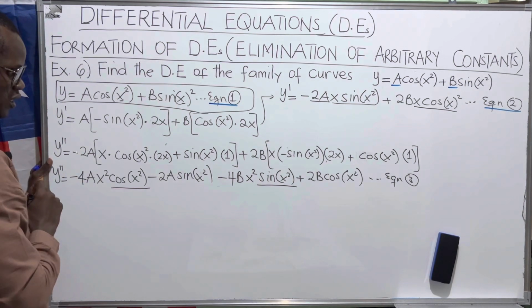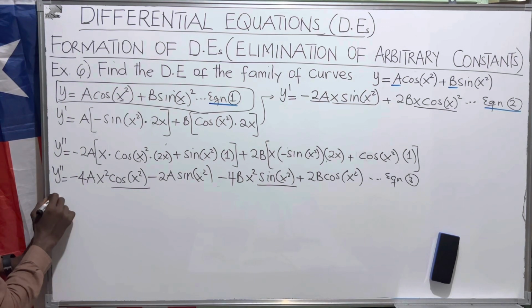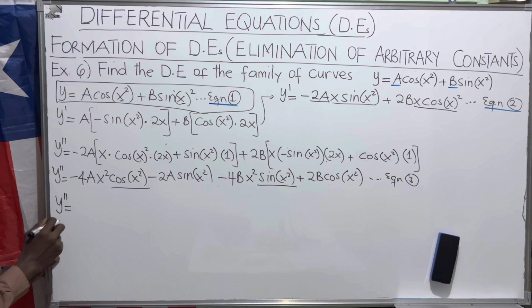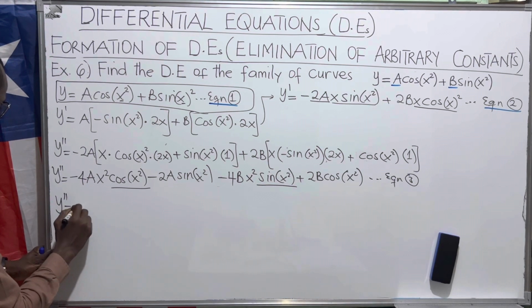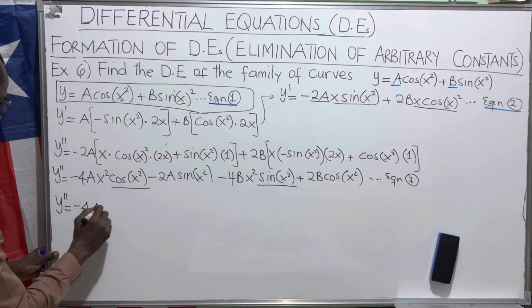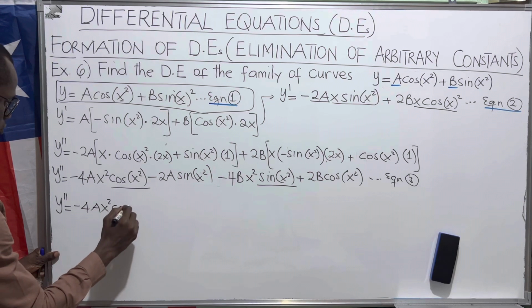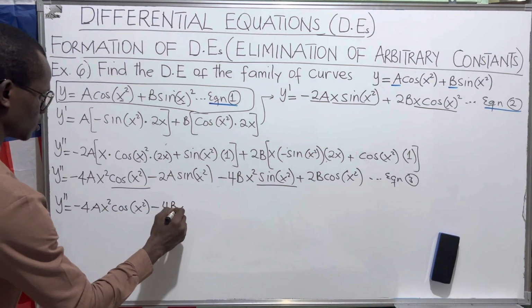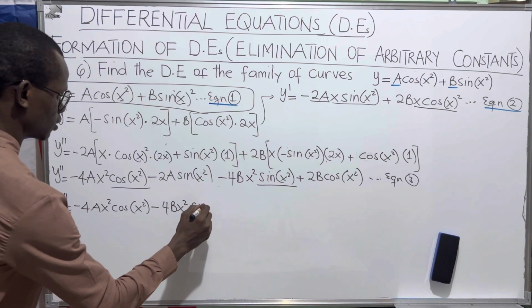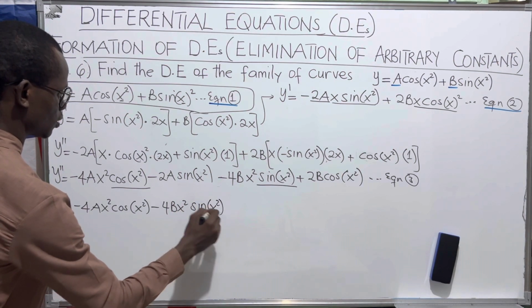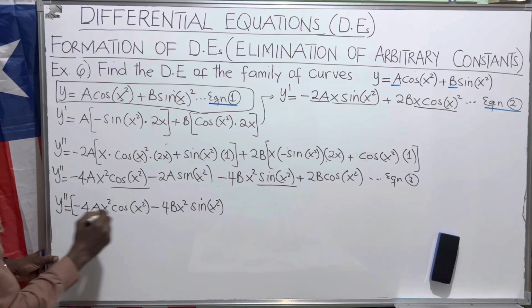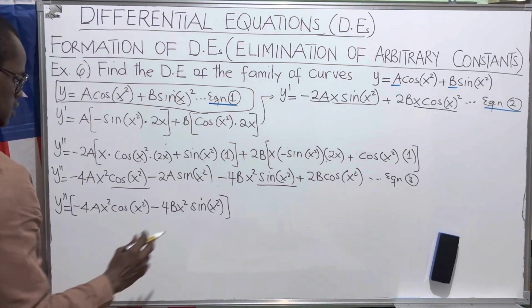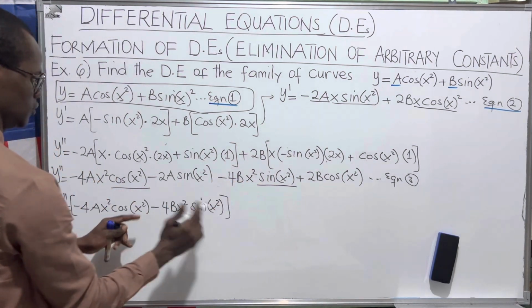Negative 4x squared. If we clearly see this expression, we notice that we can group the first term and the third term.